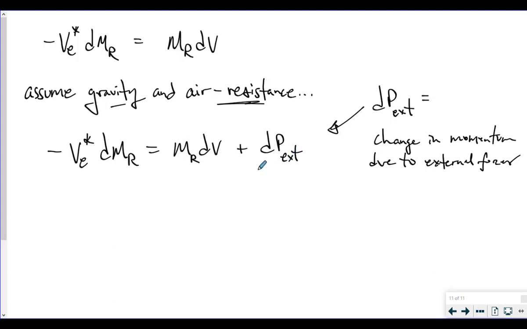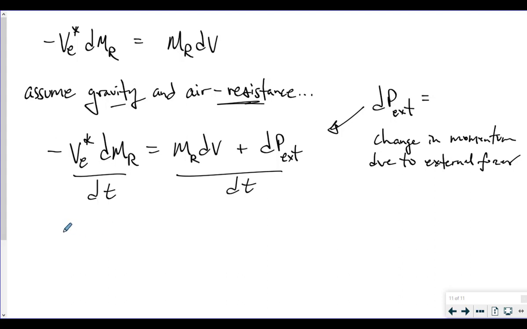And those changes in momentum over time would correspond to forces. And so if we look at the change over time on this side and the change over time on this side, then we are looking at actually the forces that are involved in this particular system.